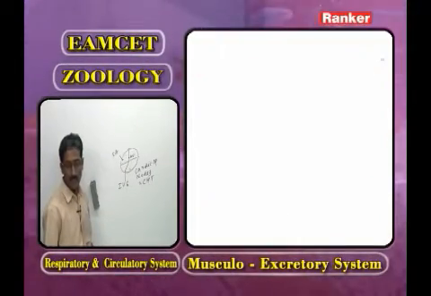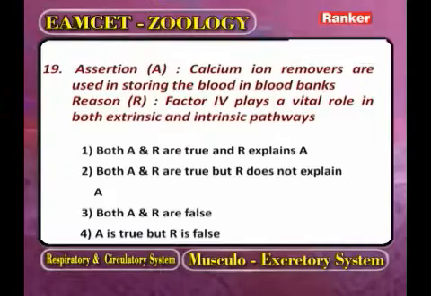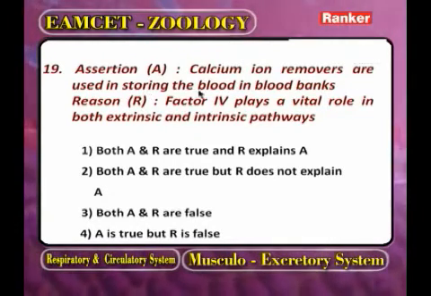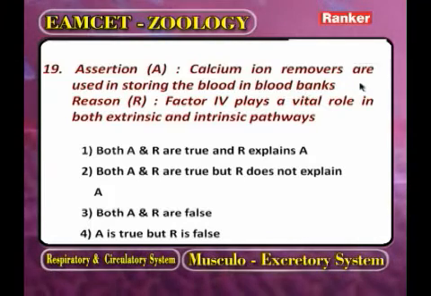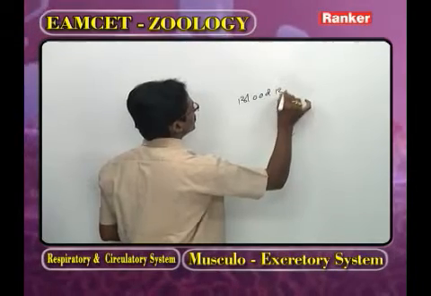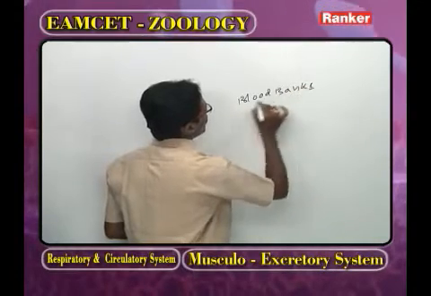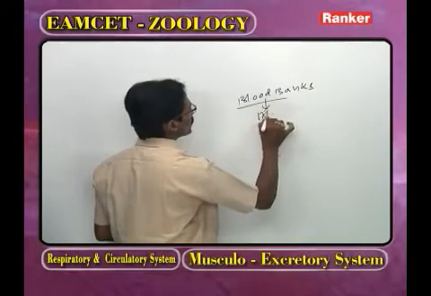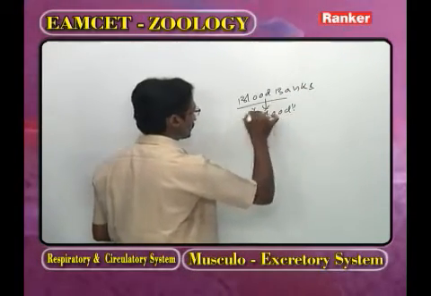Now we go for the next question. Assertion: calcium ion removers are used in storing the blood in the blood banks. Now, as we observe the blood banks, the blood is stored for some time.